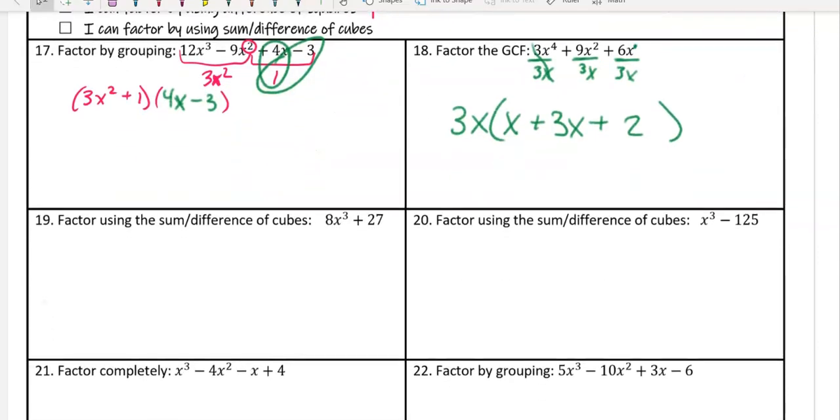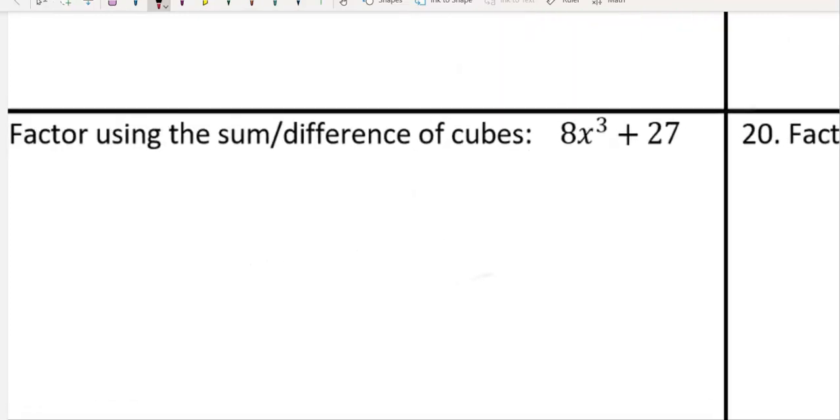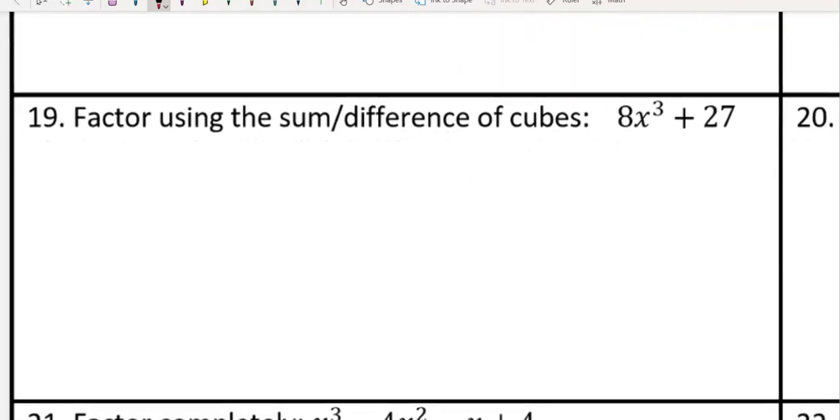Taking that knowledge and moving on to number 19, it says factor using the sum or difference of cubes. So when we have the difference of cubes, I'm going to zoom in here. What I like to do is set up, this is going to be our a cubed, and this would be our b cubed using the formula.